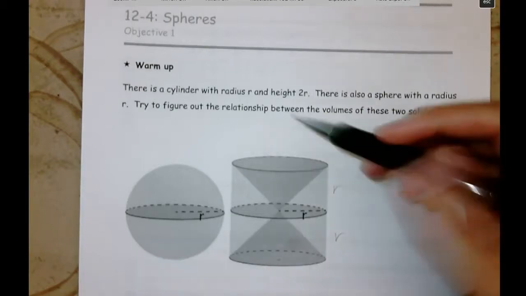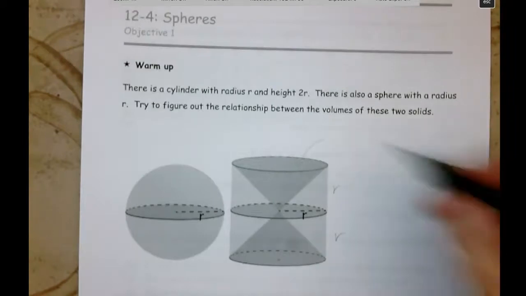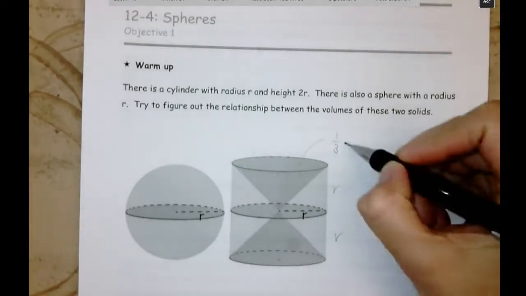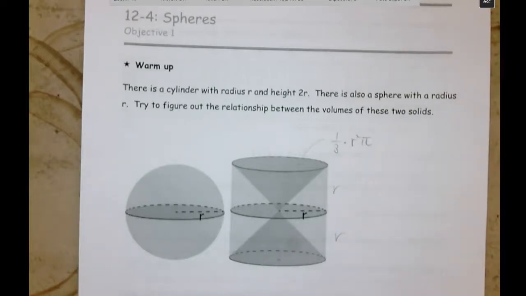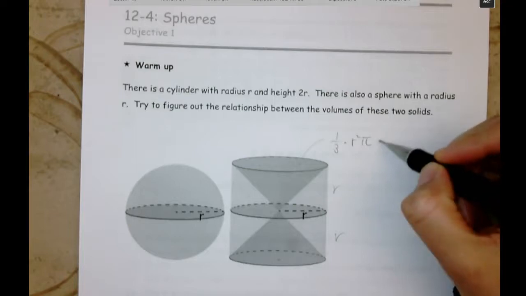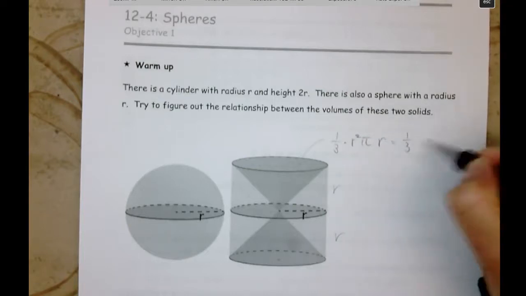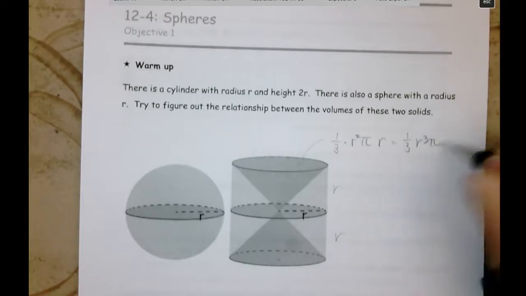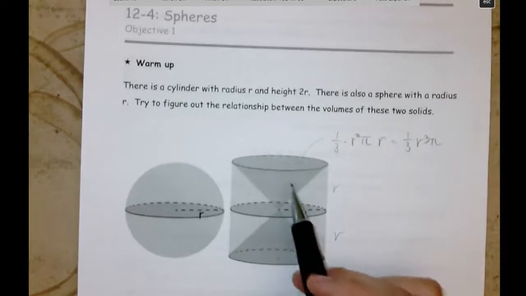Now, the volume of this cone is 1/3 of r square pi, right? It's the area times height. So times r, right? So this will make it 1/3 of r cubed pi, right? That's the volume of the cone.